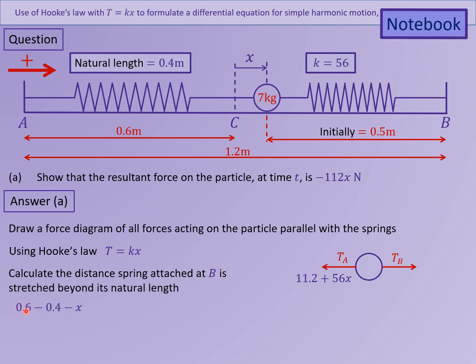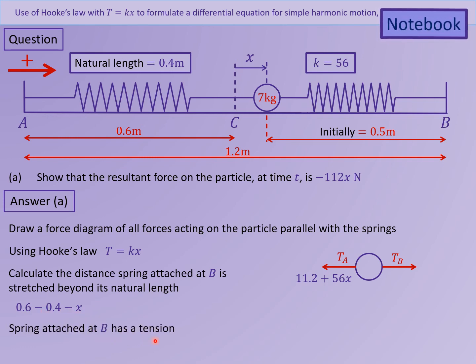The full length from there to there is 0.6 minus the natural length, which is 0.4, but also minus this x value. So it's 0.2 minus x. That would be the tension in the spring B.